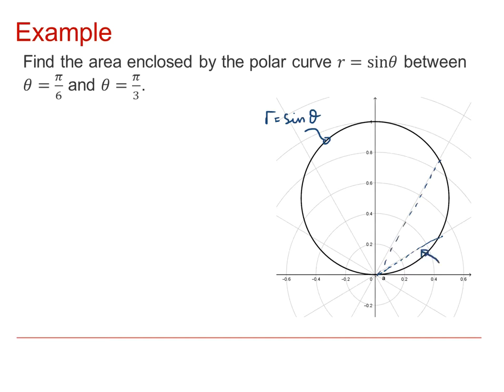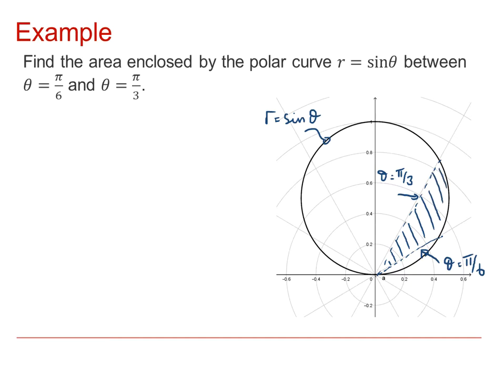So the area that we're trying to find is the area enclosed between the curve and those two radii.